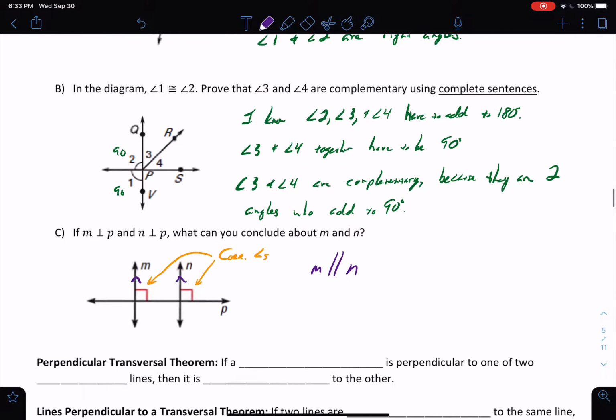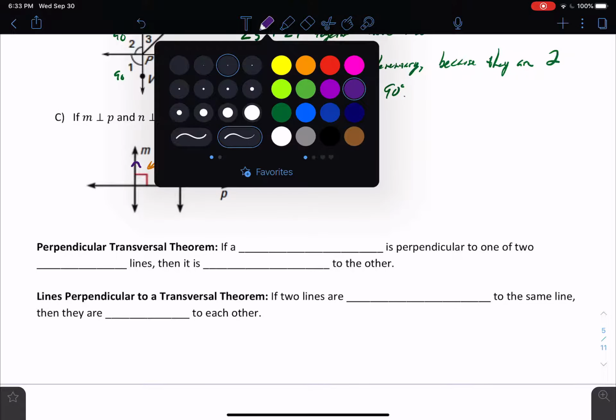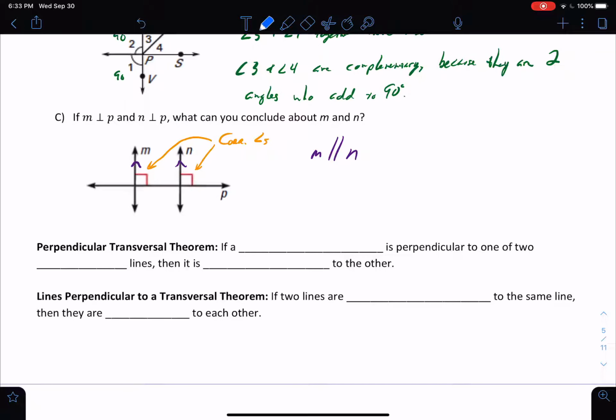So that gives us a couple of theorems. If a transversal, the line that cuts two lines, is perpendicular to one of two parallel lines, then it is perpendicular to the other.